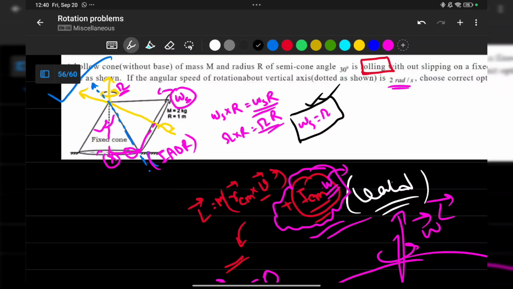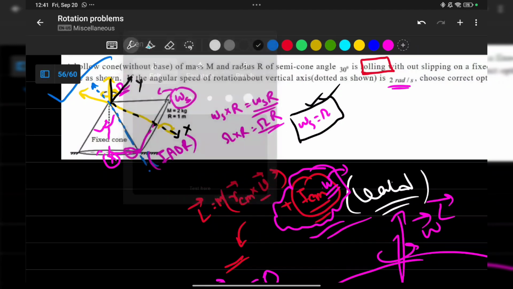Now we have got that this is omega, and this is omega. Think carefully: if I choose this as the x-axis and this as the y-axis, then these two are the principal axes. It satisfies the condition of principal axes. Why?